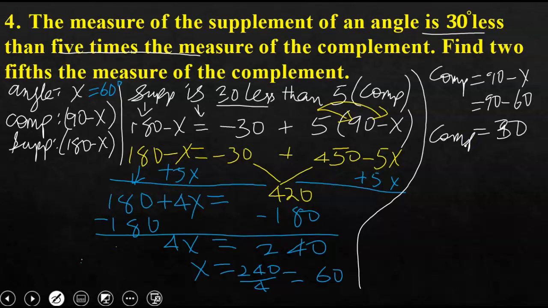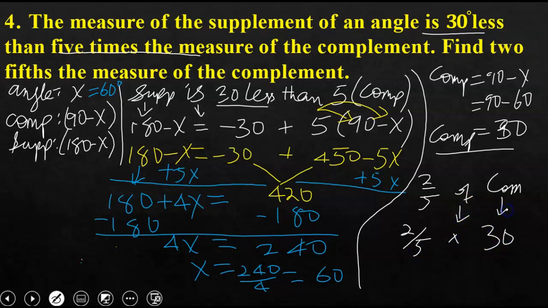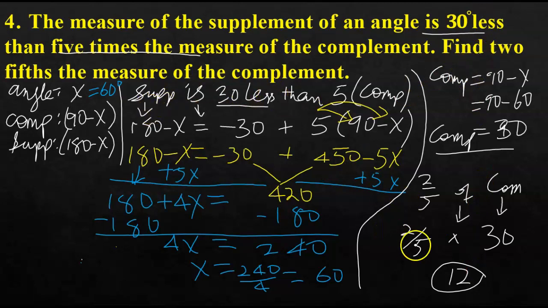So if the complement is 30, then 2/5 of the complement means multiplication of the complement, which is 30 we found. We can multiply 2 times 30 and then divide by 5, or divide 2 by 5 and multiply by 30. Any way you do it, you're going to get 12. So 12 is 2/5 of the measure of the complement.